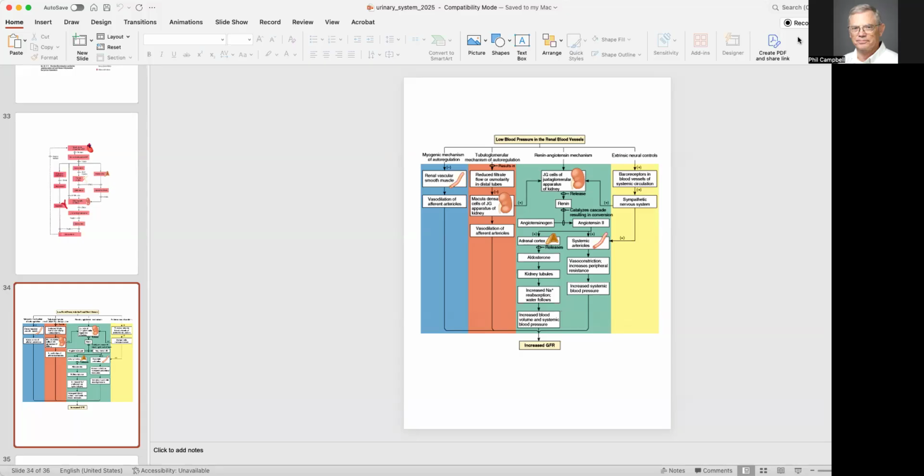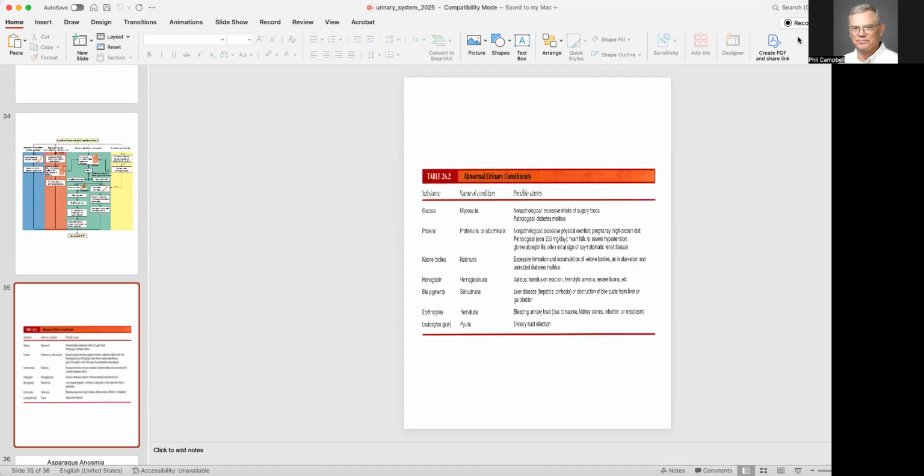And then you have renin, which stimulates an extrinsic control system because it involves the activation of angiotensinogen. We also have the sympathetic nervous system. And then, of course, we can bring in ANP as well, which is obviously extrinsic as well. Okay. So that's it for the endocrine portion.